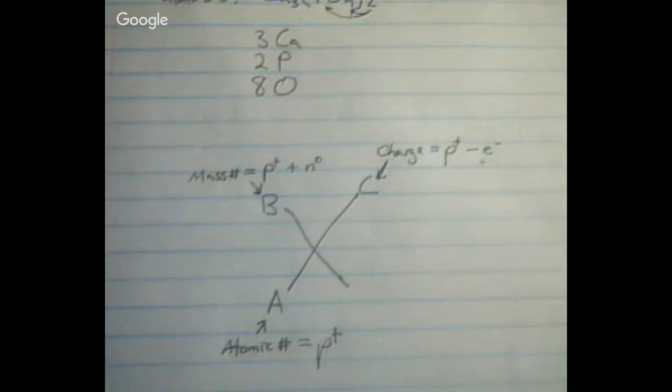Okay. In terms of trends, there's 3 you've got to know. Okay. And they either go up and to the right, they increase, or down and to the left, they increase. Okay. 2 increase up and to the right.